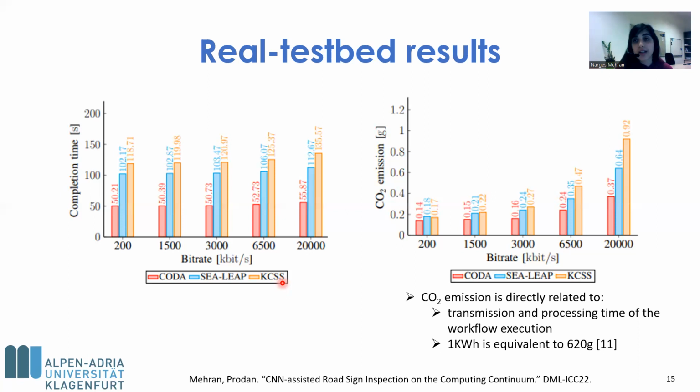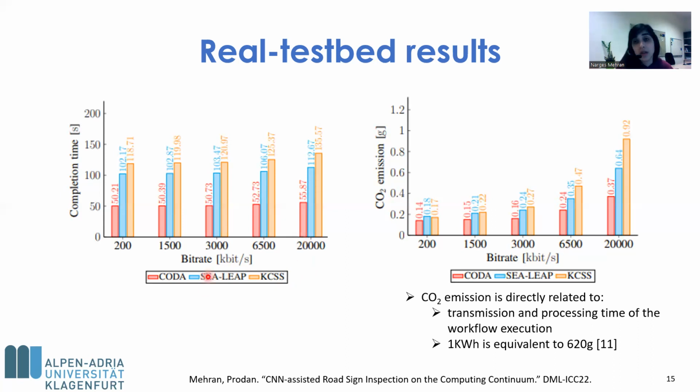KCSS mainly targets the cloud instances, such as, for example, Google, AWS, or this exascale cloud. So it targets placing the applications over one specific cluster, which maybe is farther than the source of the data.